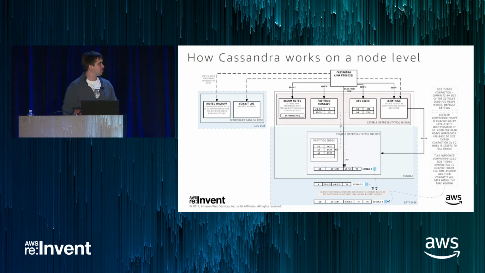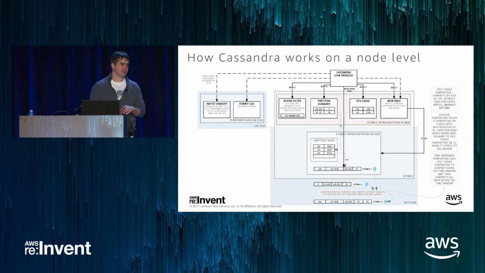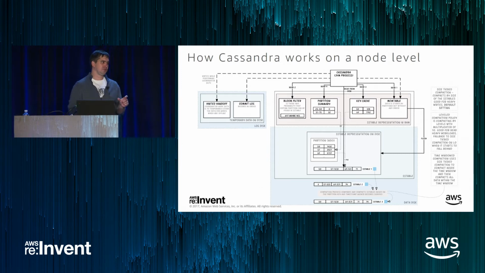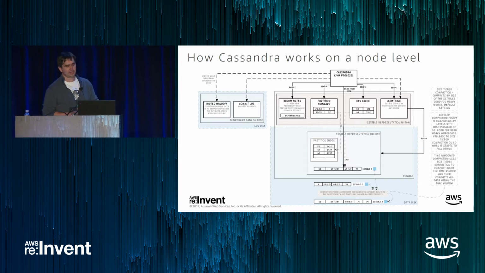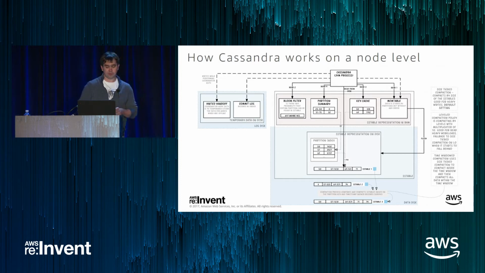To be able to read this data really fast, the first thing which is implemented in Cassandra is a Bloom filter. Bloom filter is a probabilistic structure which answers quite a simple question: is there any chance that this certain key is within this SS table? So if it says no, it means that with 99% certainty the data isn't in this SS table, and it goes to the next SS table.